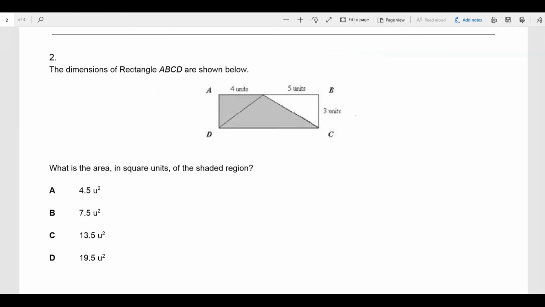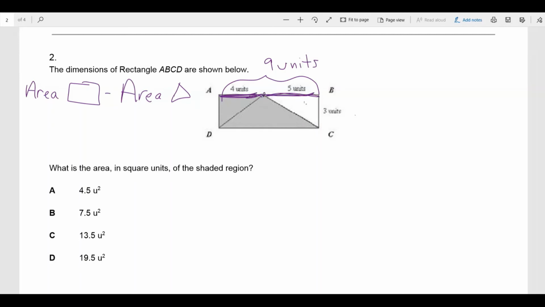Okay, so for number 2, a couple hints I'm going to give you is that you're going to find this by finding the area of the rectangle minus the area of the white triangle, this one. And also that AB is 9 units because it listed A to this point, and B to that point.